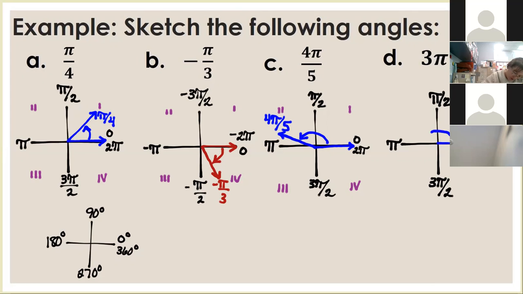If I go all the way around the circle, I've gone 2 pi. What would I need to do to get it up to 3 pi? Go halfway again. So our terminal side will be over here on the negative x-axis, and that would be 3 pi radians of rotation.